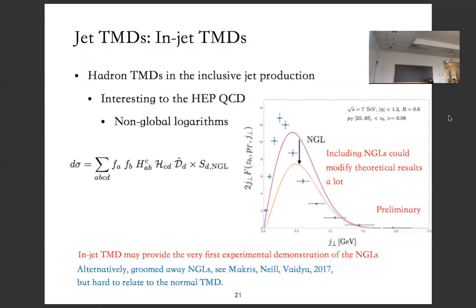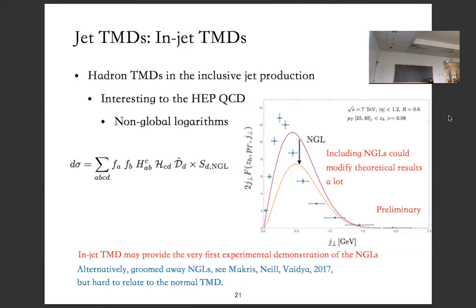So by using this formalism, we can test how large the non-global log effect is. Including the non-global logs, you change the absolute normalization. You can see therefore that jet TMD may provide the very first experimental demonstration of non-global logs, which may be interesting to the hadronic physics community.